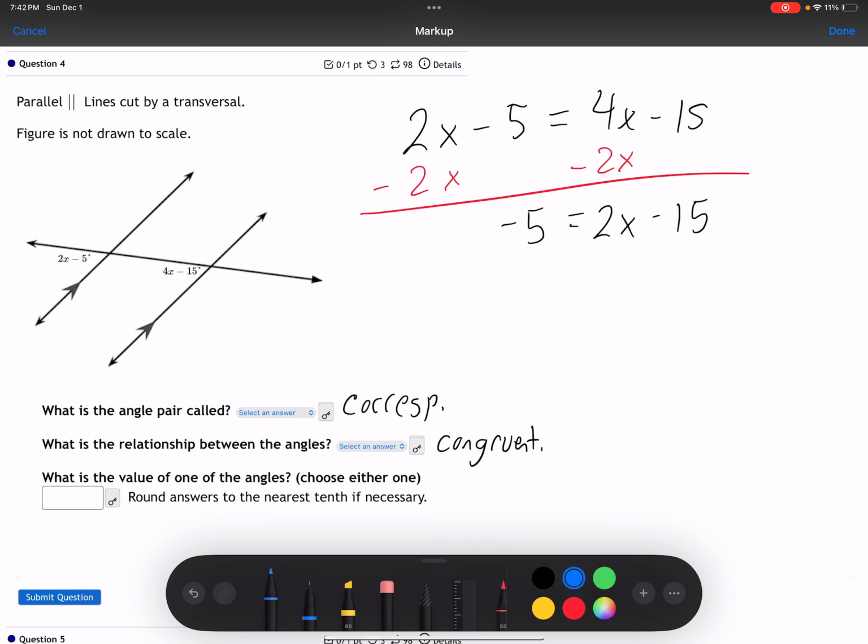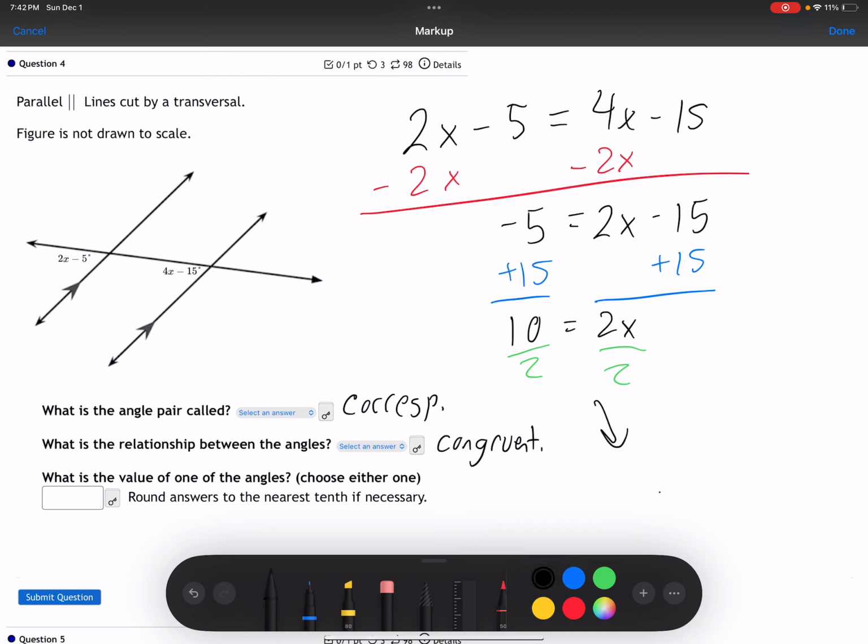Then I'm going to move my constants to the other side. So I'm going to add 15 to both sides. Negative 5 plus 15 is 10. So we get 10 is equal to 2x. If 10 is equal to 2x, then I will divide both sides by 2. Divide by 2 on both sides, and I get x equals 5.